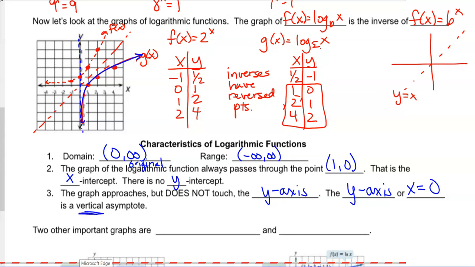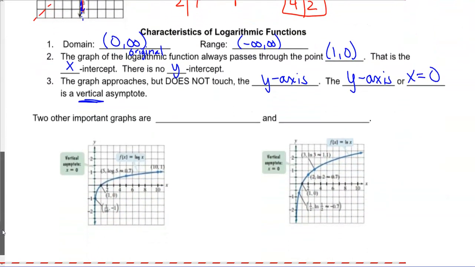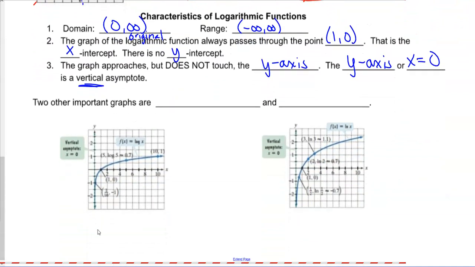All right. Now, 2 other functions that we're going to get in here that you're going to practice with are the graph of f of x equals the log of x, and f of x equals the natural log of x. So this is the natural log of x.